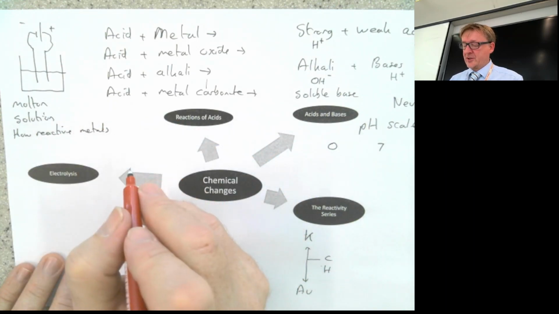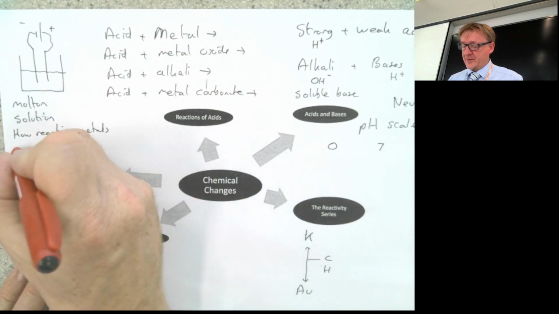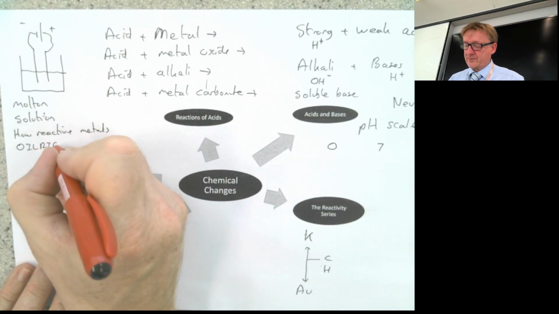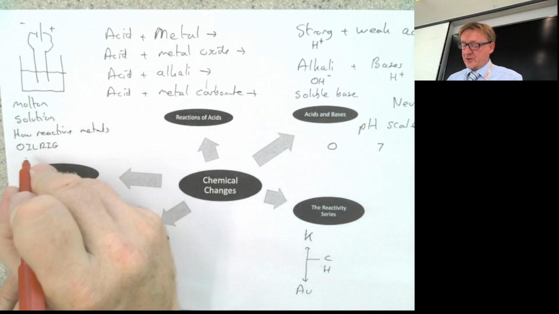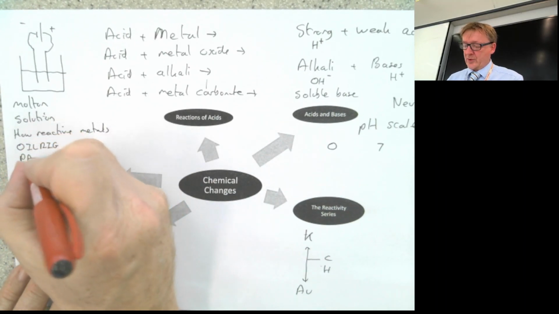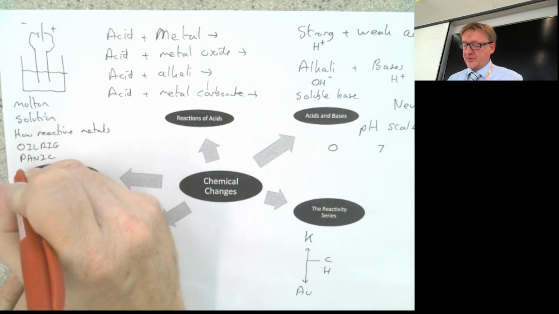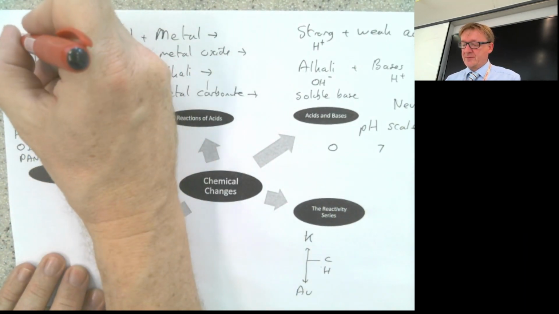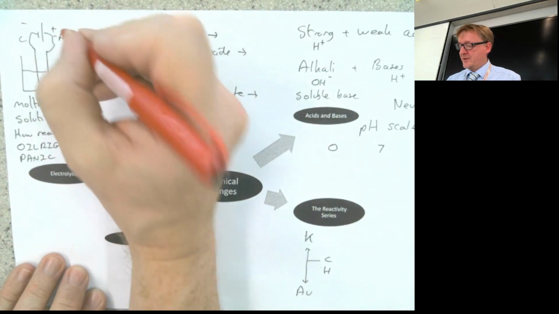There are a couple of little acronyms that come into it, which is OIL RIG: oxidation is loss, reduction is gain. We've got PANIC: positive anode, negative is cathode, so that's the cathode and that's the anode.